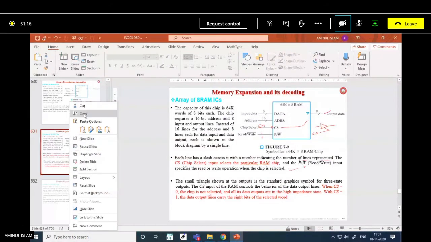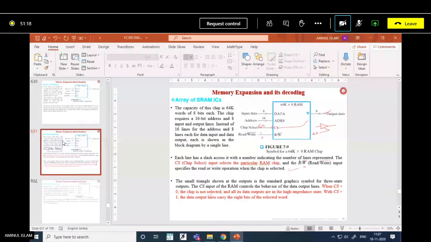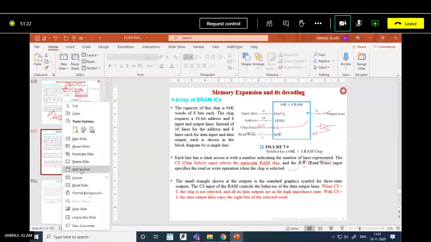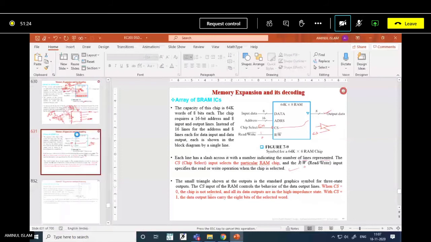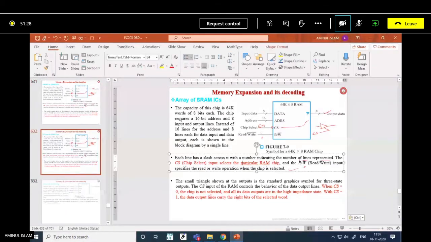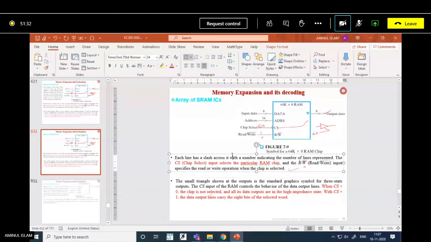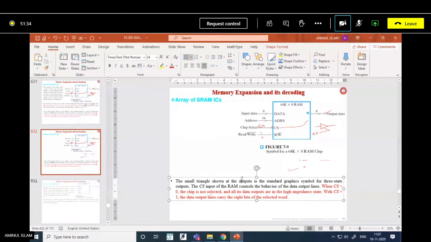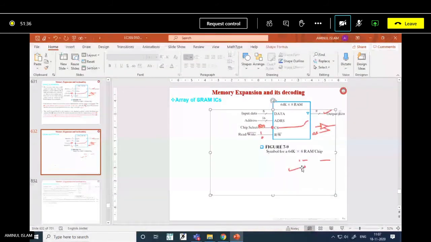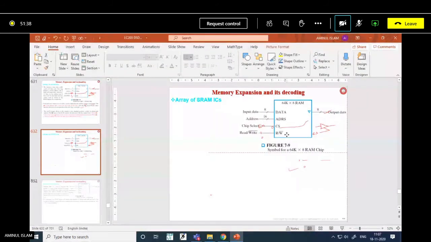Just wait. I am going to talk about the tri-stated buffer with MOSFET, right? Okay.